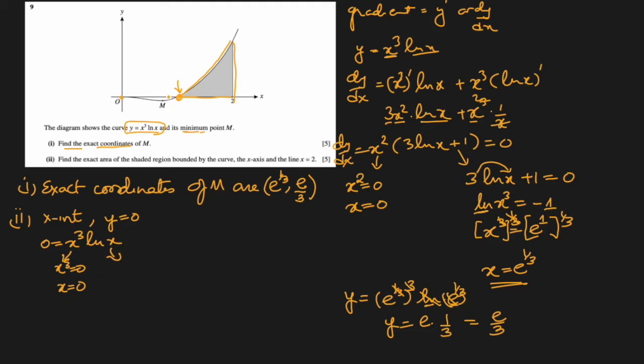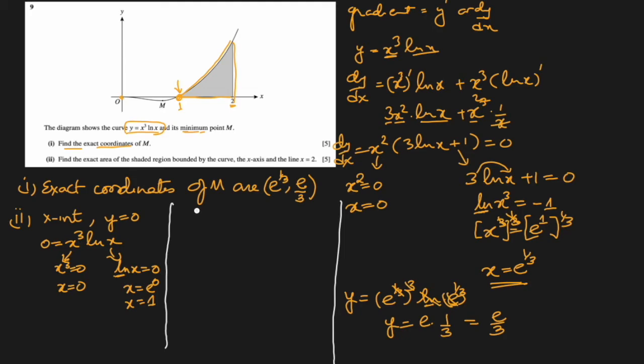We are interested in the second one, ln x equal to 0, and again if I want to remove this ln, x will be e to the power 0, which is 1. x is equal to 1. So we know the starting point is 1, the ending point is 2, and we can find the area under the curve easily now, and I will use this space to do that.